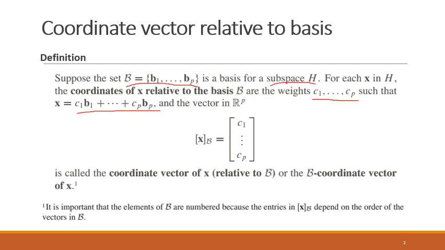And the vector in Rp, which is the coordinates of x relative to the basis B, can be written as C1, C2 up to Cp, which are the weights. This concept is called the coordinate vector of x relative to B, or the B-coordinate vector of x.